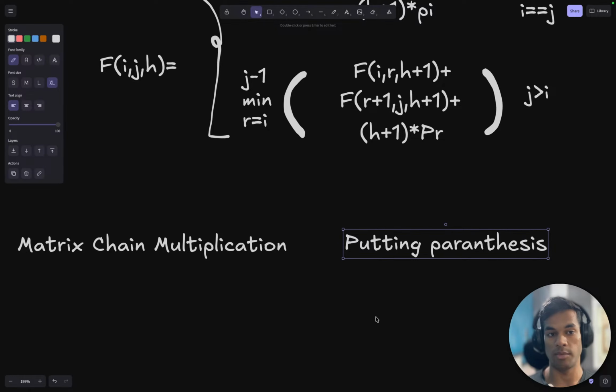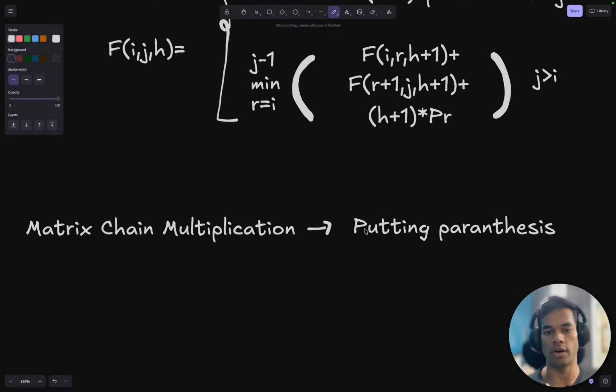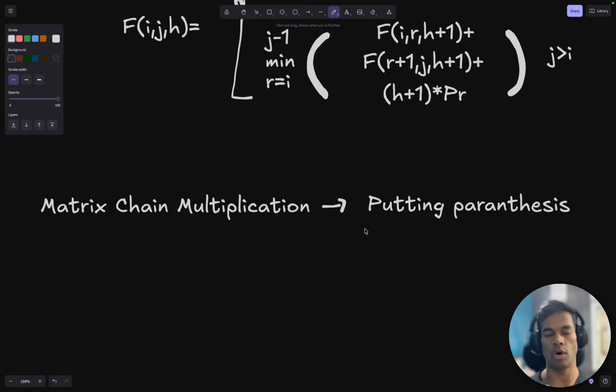The matrix chain multiplication problem can be boiled down to putting parentheses in a certain order, which gives the minimum cost of scalar multiplications.